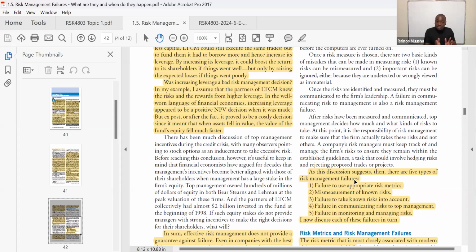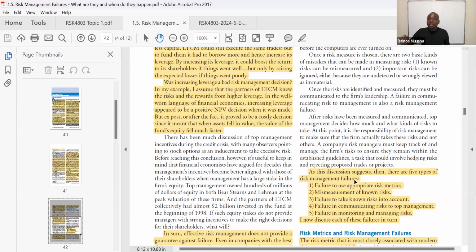In this article, they are showing us exactly how to identify risk management failures, and they use this article to demonstrate identification of these 5 risk management failures.